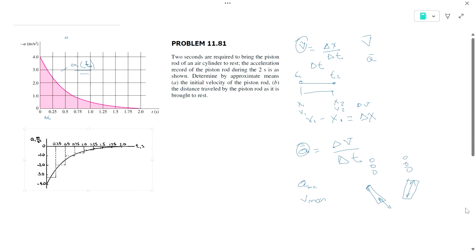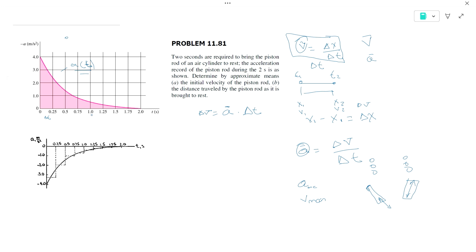And for that, what we need to remember is this relationship. Also, we can use equations that we already know, such as if we want to find the average change in velocity from acceleration, we need to get the average acceleration and multiply it by the step, the change in time.